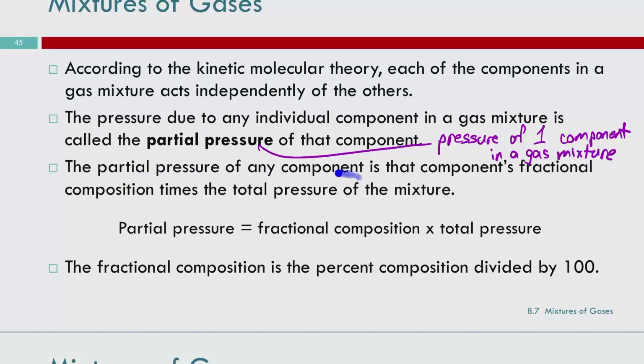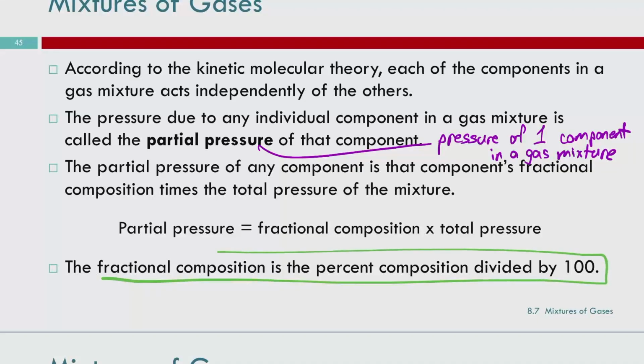The partial pressure of any component is that component's fractional composition. Fractional composition is percent composition divided by 100. So percent divided by 100 equals the fractional composition, which usually has, I think, the symbol chi. It's X, but it's got a little tail in the front.